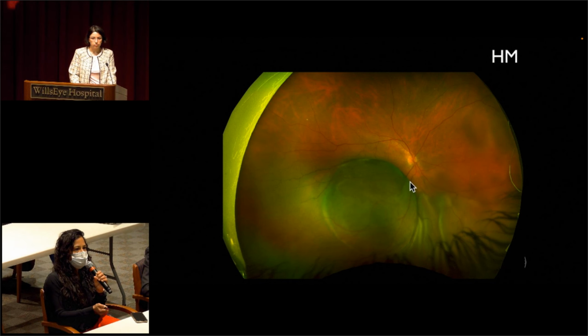And then adjacent, we do see what looks like some subretinal fluid that looks like it's going up even to the 1 to 2 o'clock meridian because we can see loss of the underlying choroidal vasculature. And then it even comes up here to the temporal periphery, probably up to 9, 10 o'clock.